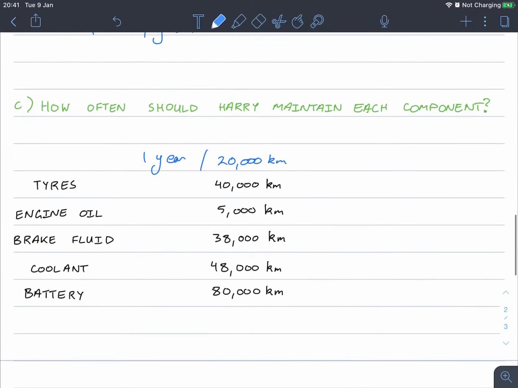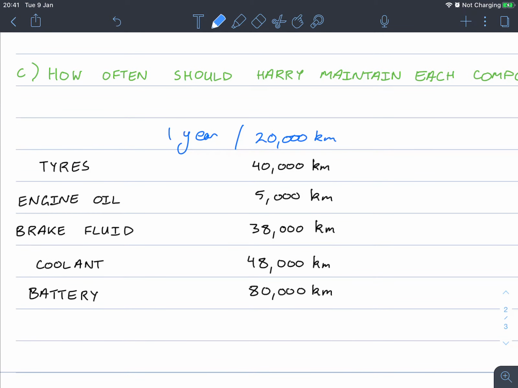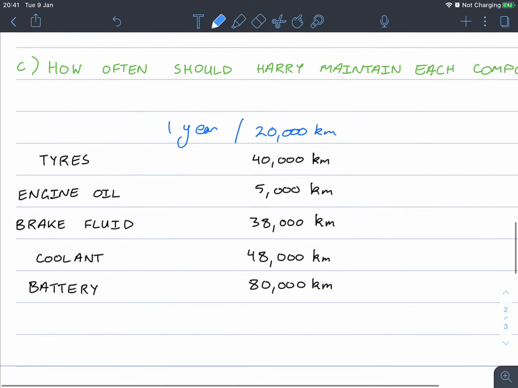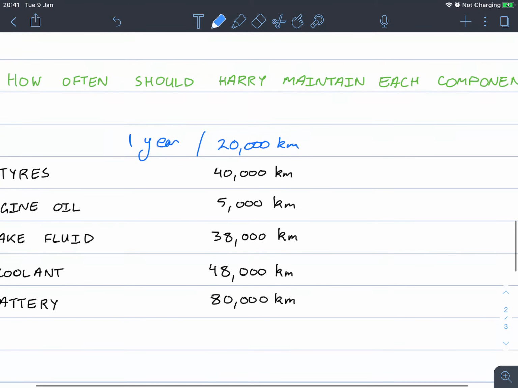How often should Harry maintain each component? I've made the list down here just to make it easy for us. Now, what this means is how far must Harry drive, or how long must Harry drive for to hit the target goal here?